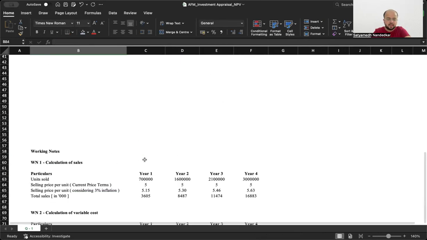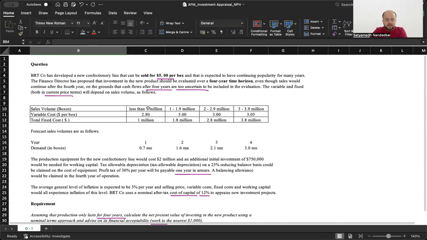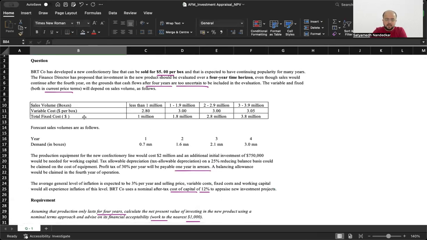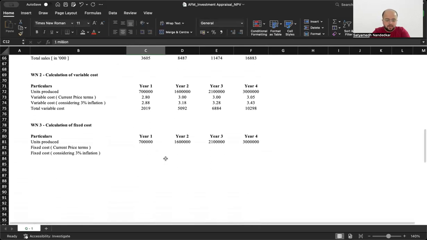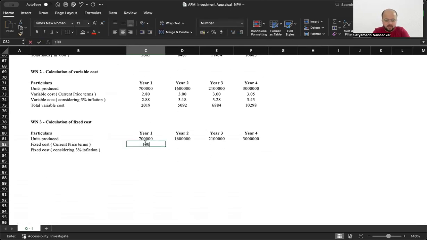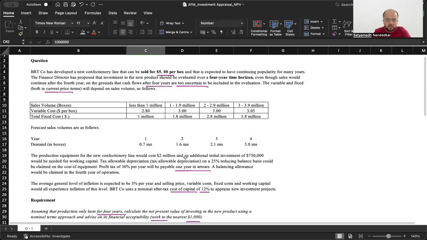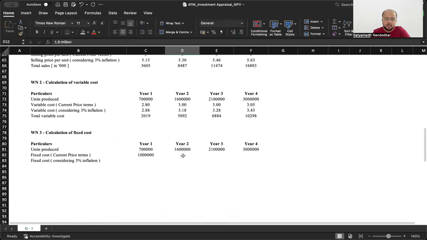Now come here. Where the sale volume is less than 1 million, total fixed cost is 1 million. So here total fixed cost will be 1 million. Where the production in year 2, check, total sale is 1.69 million. Now where the sale is between 1 and 1.9 million, total fixed cost is 1.8 million. So here write 1.8 million.